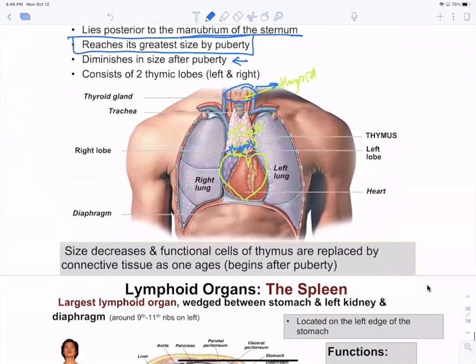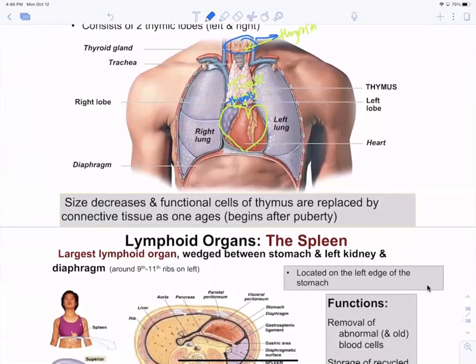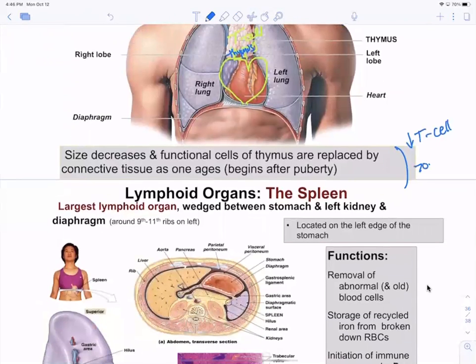You're like, why are you telling me that? Well, after puberty, your ability to produce T cells decreases. And it's not really a big deal until you get to your 70s or 80s. But by your 70s or 80s, you have a low T cell maturation rate, right?